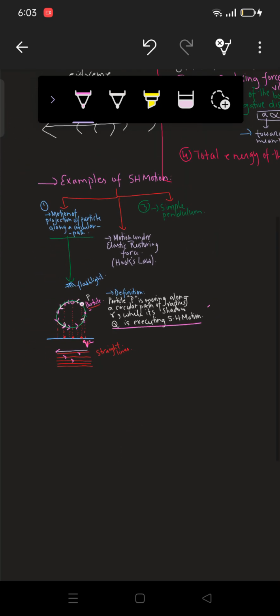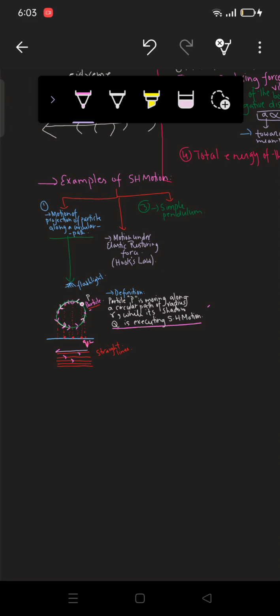Now the definition of simple harmonic motion and the connection between simple harmonic motion and circular motion is clear, right? You can say this is the motion of a projection of a particle along a circular path, or the second name of it is the connection between uniform circular motion and simple harmonic motion.